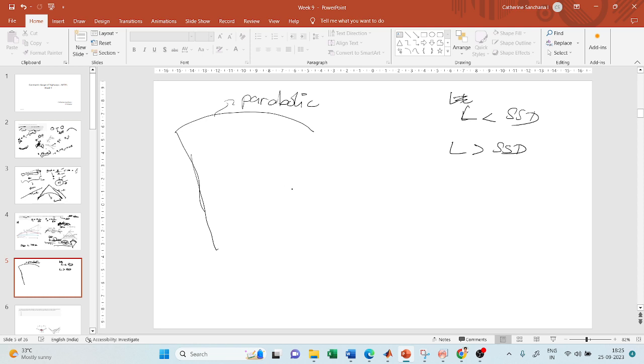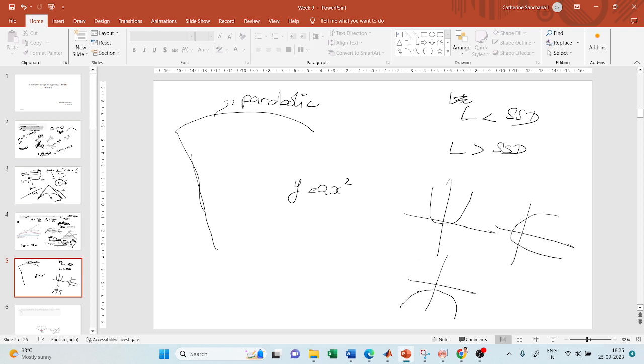We all know that the equation of a parabolic curve is y equals ax square. You have four types of parabolic curves, right? One is like this, one is like this, one is like this, and one is like this. These two will have an equation of x equals ay square, with opposite signs: one will have x equals plus ay square, and the other x equals minus ay square.